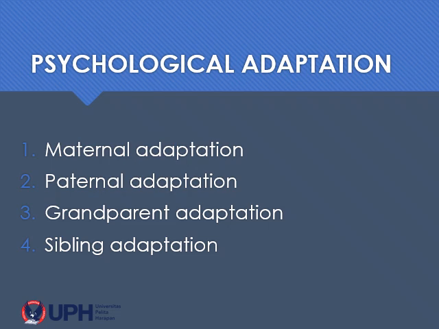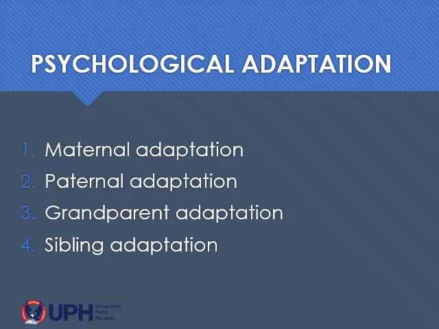This is where the partner, the father, starts to become the main support system for the mother and the baby, and how, in the process of pregnancy, delivering the baby, as well as postpartum, the father or the partner can provide very adequate support for all the changes going on inside the mother.